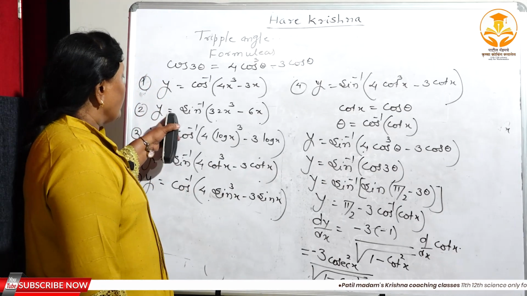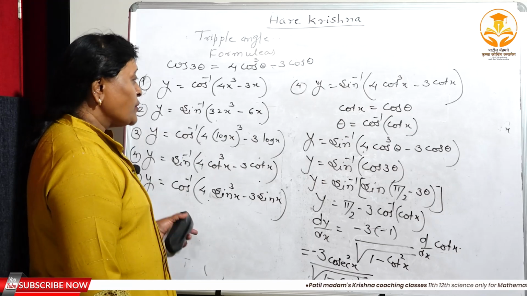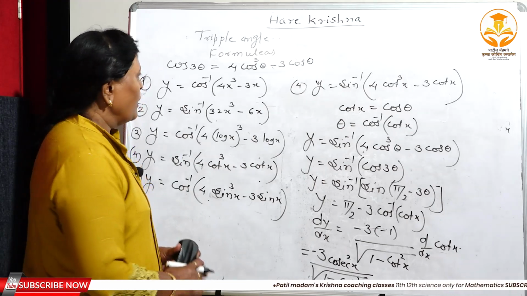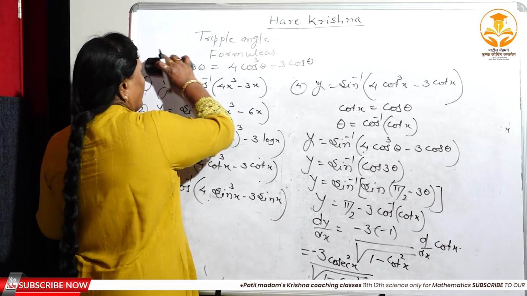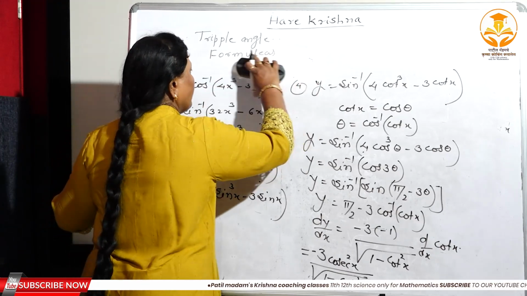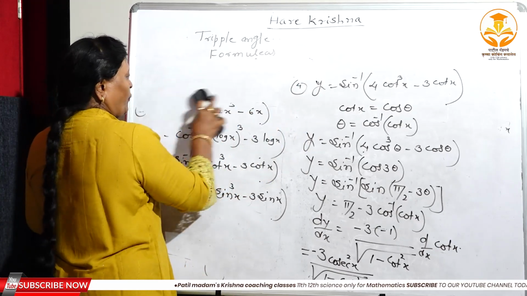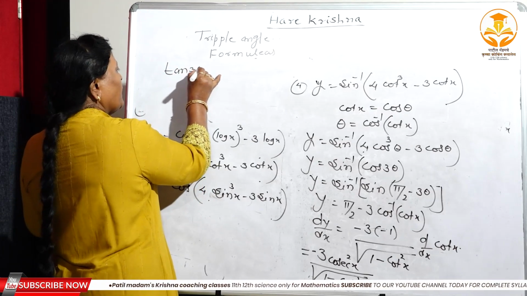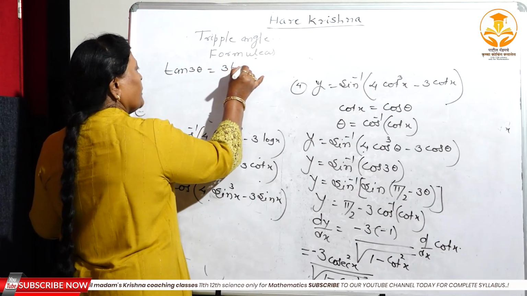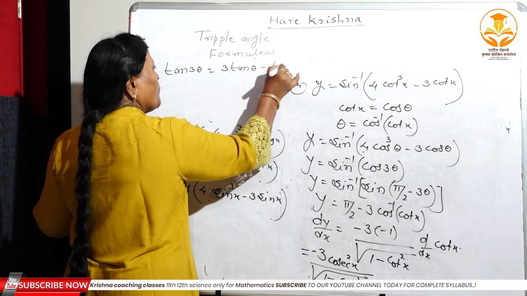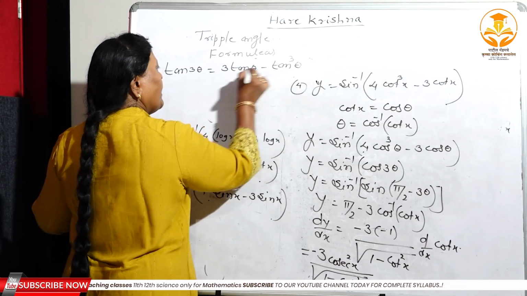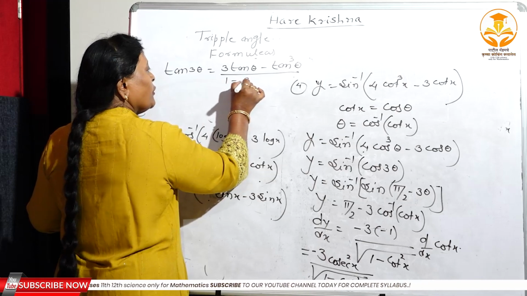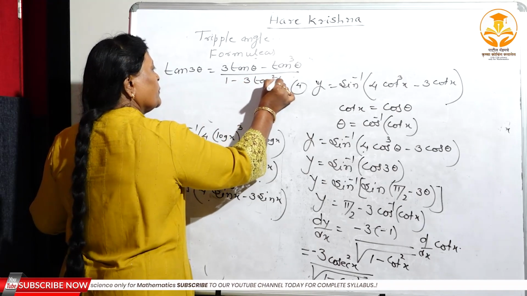And the remaining, second, third and the fifth, you can do yourself. Again the third formula, that is tan 3 theta. What is the formula of tan 3 theta? 3 tan theta minus tan cube theta divided by 1 minus 3 tan square theta.